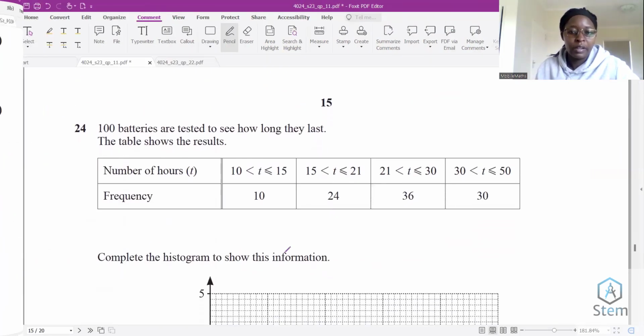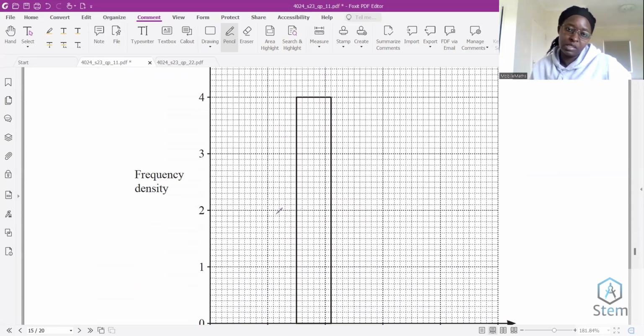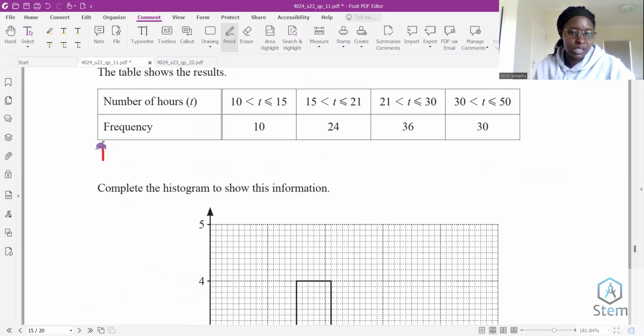10 batteries are tested to see how long they last. The table shows the result below. Basically here, when you see this, it's very important: frequency density. So we can calculate frequency density here.